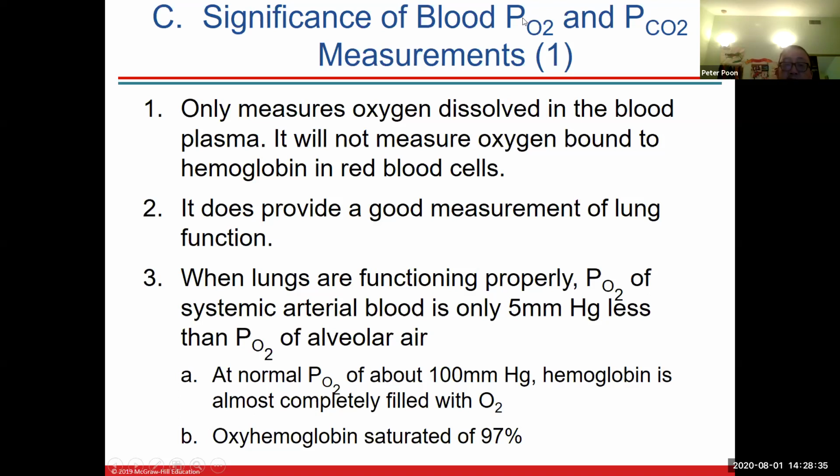So you just increase dissolved oxygen. All right, so you can see the difference here in the body cells and in the alveoli, and you can see which way things are going.